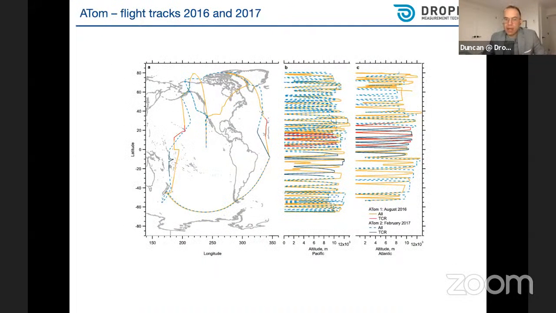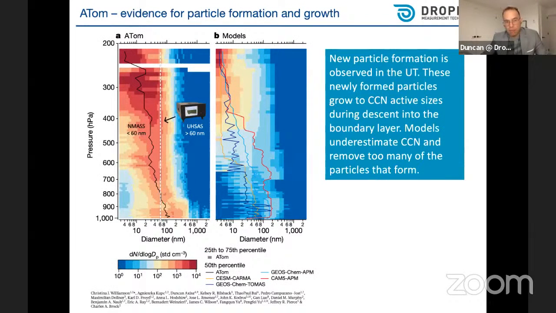So moving to another campaign, this ATom mission, what you see here are flight tracks in 2016 and 2017 in the Pacific and the Atlantic. And you see the aircraft ascending and descending from pole to pole using the same instruments that I just described. And from those data, summarizing the whole campaign, you see that there's a very interesting trend in the size distribution.